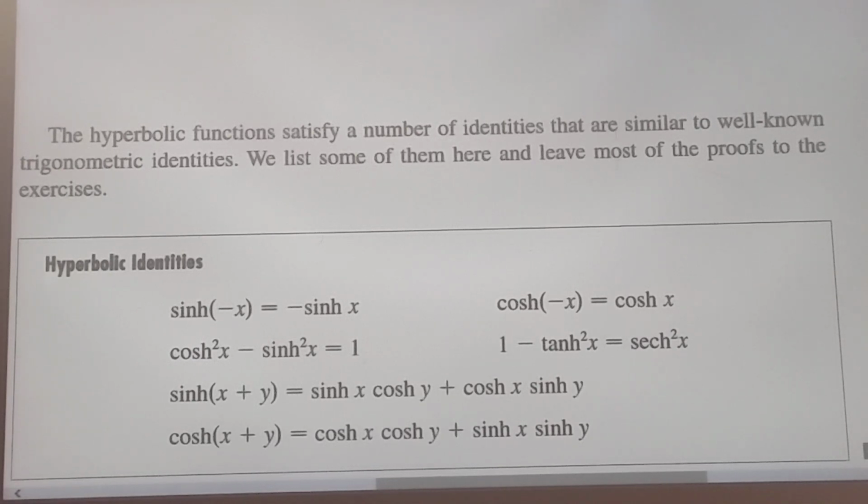Okay, so let's start. So sinh of negative x is equal to negative sinh x. All right, cosh of negative x is equal to cosh x. So this you must know by heart, that this is an odd function, and this is an even function for cosh.